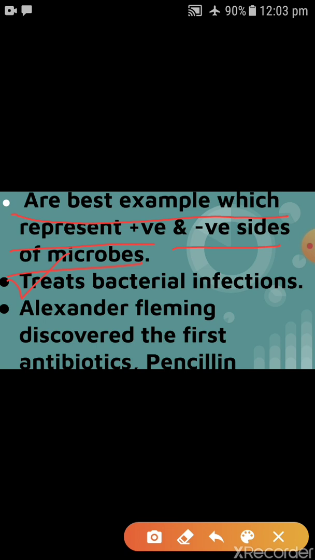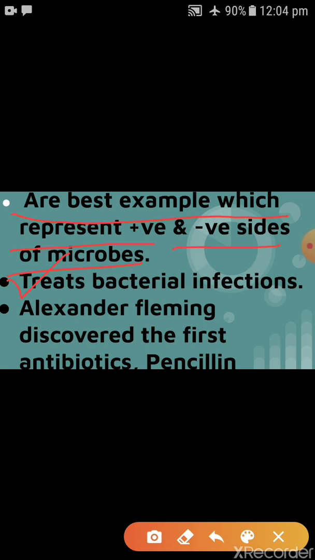If he is facing any viral infection, that time doctor will not prescribe any antibiotics. So only for infection just because of bacteria, doctor prescribes antibiotics, not for other infection which is caused by other microorganisms.